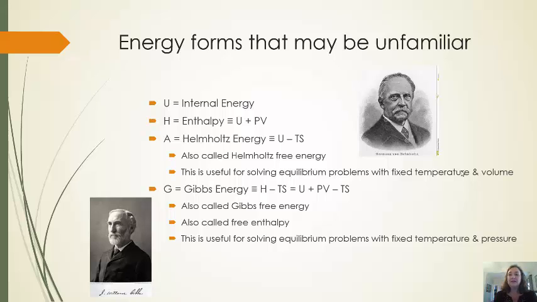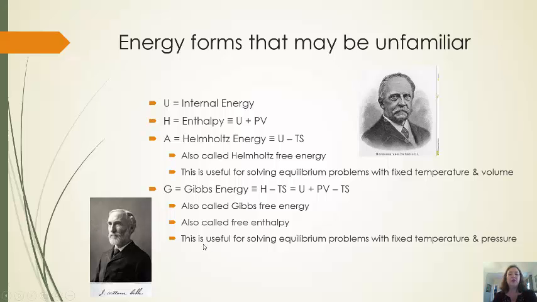There's also a Gibbs energy. Now, you may have run into this one in a chemistry course. Gibbs energy, or Gibbs free energy, or sometimes free enthalpy, is defined as H minus TS, or since H is U plus PV, it's U plus PV minus TS. Here's Mr. Gibbs down here in the bottom corner.